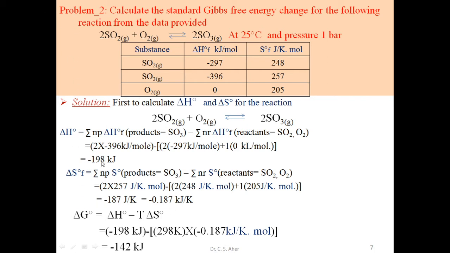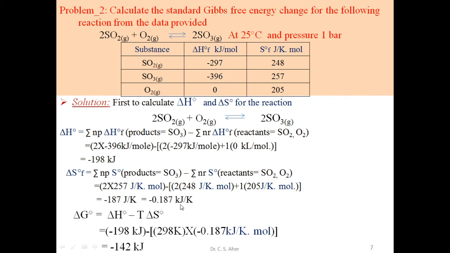We have this delta H0 value and this delta S0 value. We have this formula, put in delta S0. Temperature is also given, 25 degrees centigrade, converted into 298 Kelvin, and for delta S0 we use this value in kilojoule. See, that is very important.